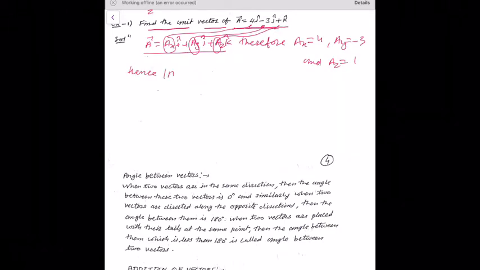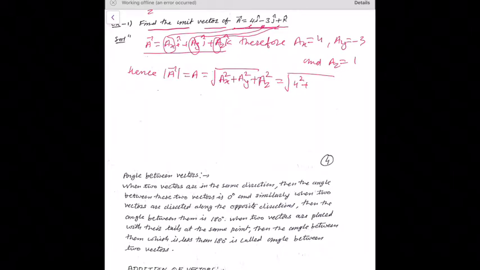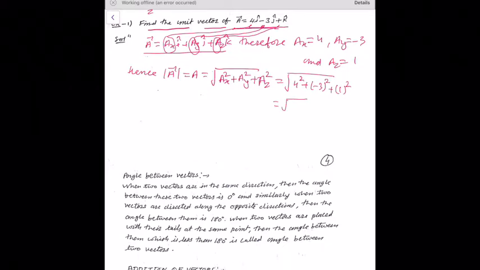Hence, the magnitude of vector a is equal to the square root of ax square plus ay square plus az square. Put the value of ax, ay and az: 4 square plus (-3) square plus 1 square, or under root 26.